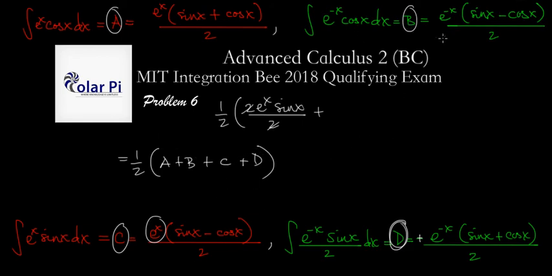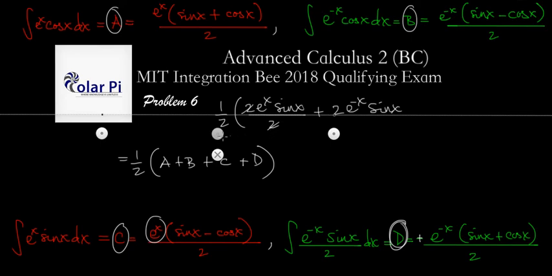So looking at b and d, we get e to the negative x times sine x divided by 2, and then plus, right? Because I've changed that to a plus. But plus what? Plus e to the negative x times sine x divided by 2. Oh, that's just 2 of those. So it's 2 times e to the negative x times sine x divided by 2.